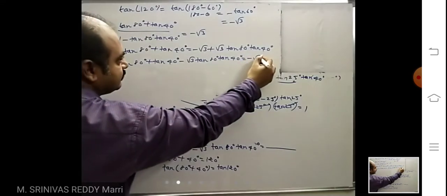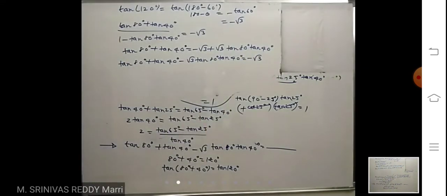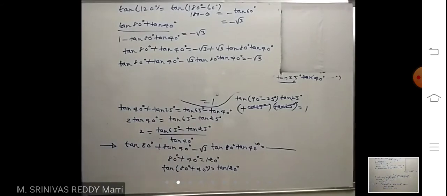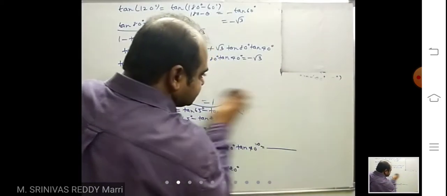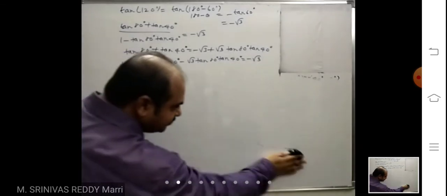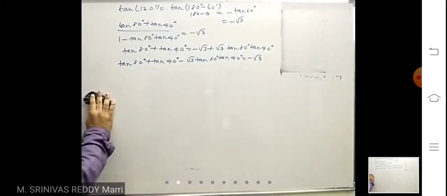So this is nothing but minus root 3. Like that our approach here must start from here. Right. So then if you apply tan, obviously you will get the result, because you know the tan 120 value. This is one type of problem where the approach will be that the sum of the angles or difference of the angles, you know that value.